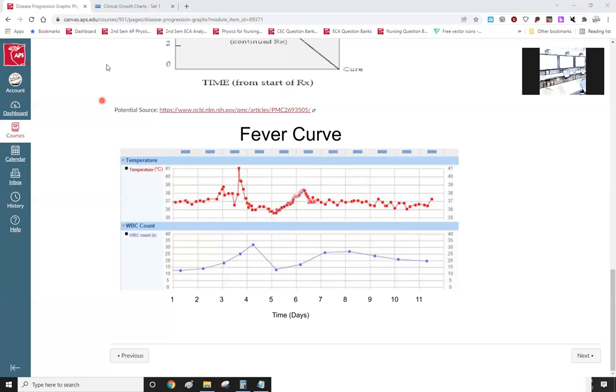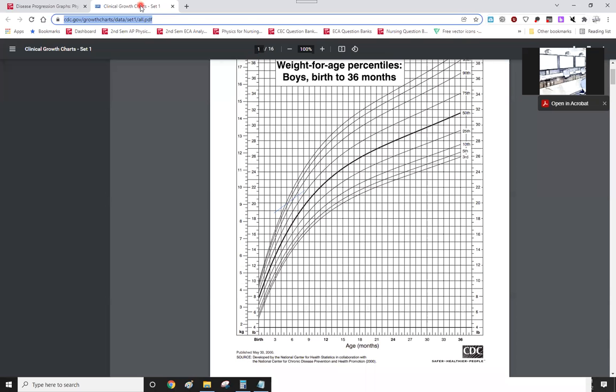All right. Now, the one thing I'm going to leave you with is it doesn't have to be a straight line for physics. So this dark line is the average growth rate of infant boy up to age 36 months, right? Not a straight line. So what we're going to end at the end of the unit is how to predict when you don't even have straight line data in physics.